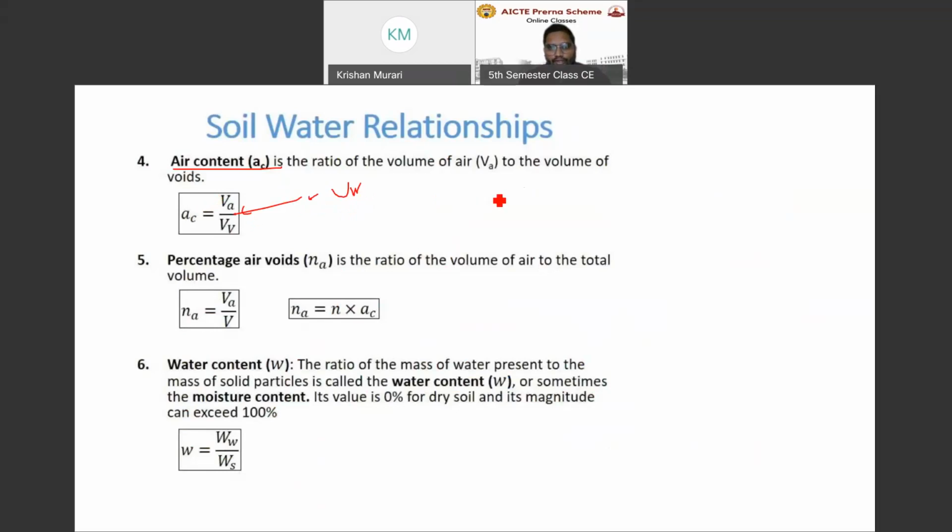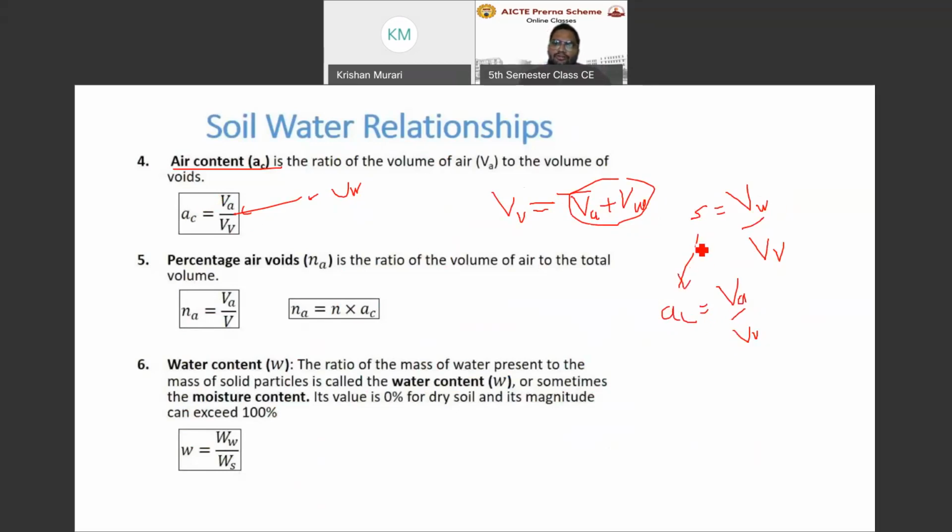If Vv is the volume of voids, it is the volume of air plus the volume of water. First we discussed degree of saturation, which is the volume of water upon the volume of voids. Second, air content is the ratio of the volume of air to the volume of voids.